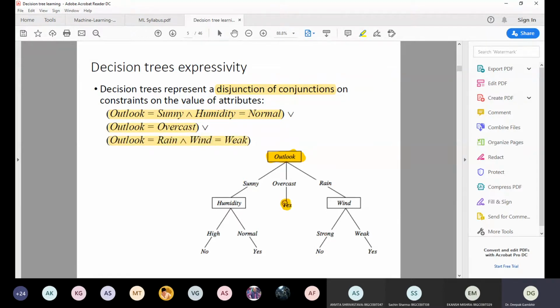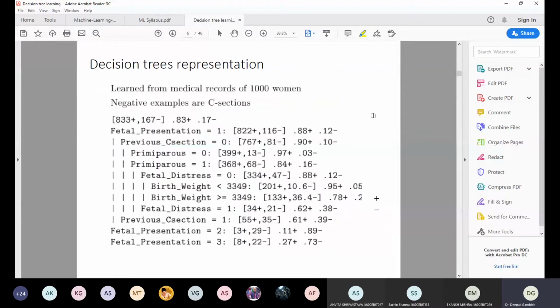All these are pointing to the positive examples. So it has the disjunction of conjunctions. That is how decision trees are represented.